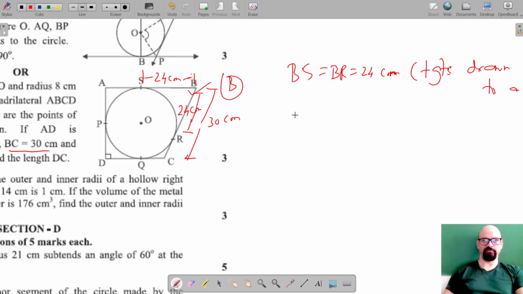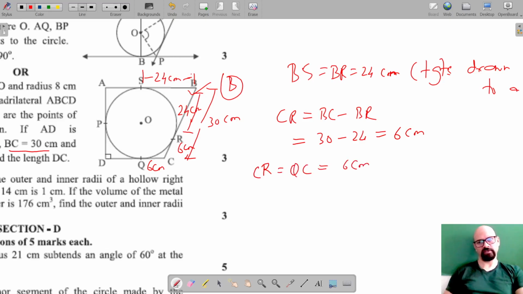So BR is 24, and we can find out CR. So CR is equal to BC minus BR. BC is 30, BR is 24, which is equal to 6 centimeters. So that means QC is also 6 centimeters, because CR is equal to QC is equal to 6 centimeters.